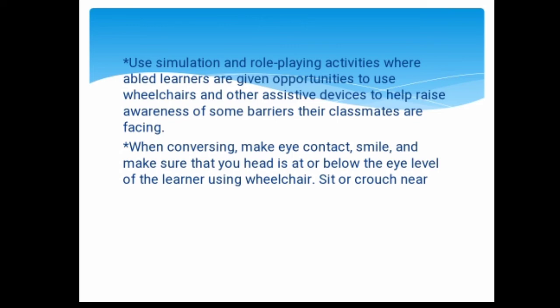Sit or crouch near the learner, but do not lean on their shoulders to avoid invading their personal space. Make sure that reasonable in-between breaks are given to these learners for travel time purposes. Plan class schedules before the school year starts so as to minimize travel time and distance between classes.